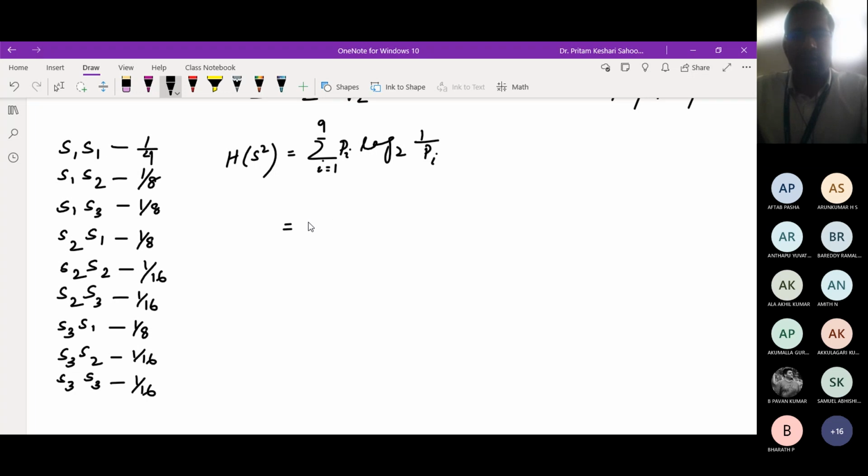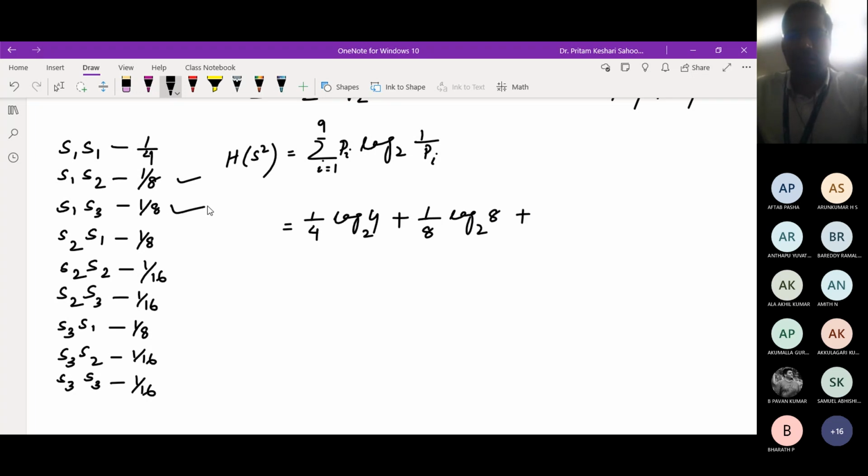So I am writing it directly: 1 by 4 log base 2 of 4, plus this one, 1 by 8 log base 2 of 8.